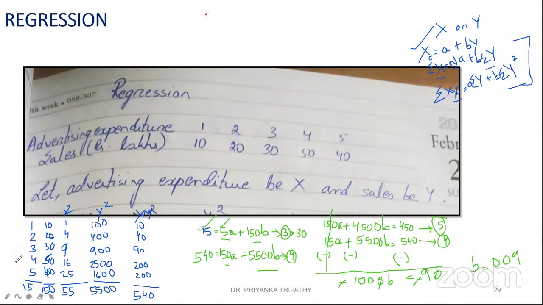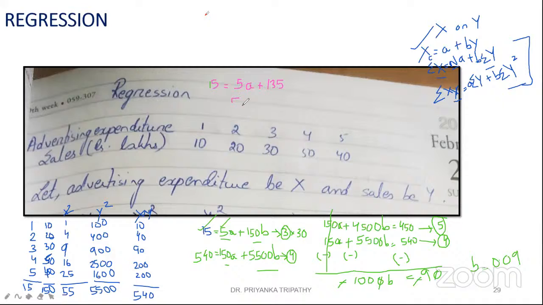Okay, so let me substitute for you. 15 equals to 5A plus 150 into 0.09. So that will come around roughly 13.5. Right?